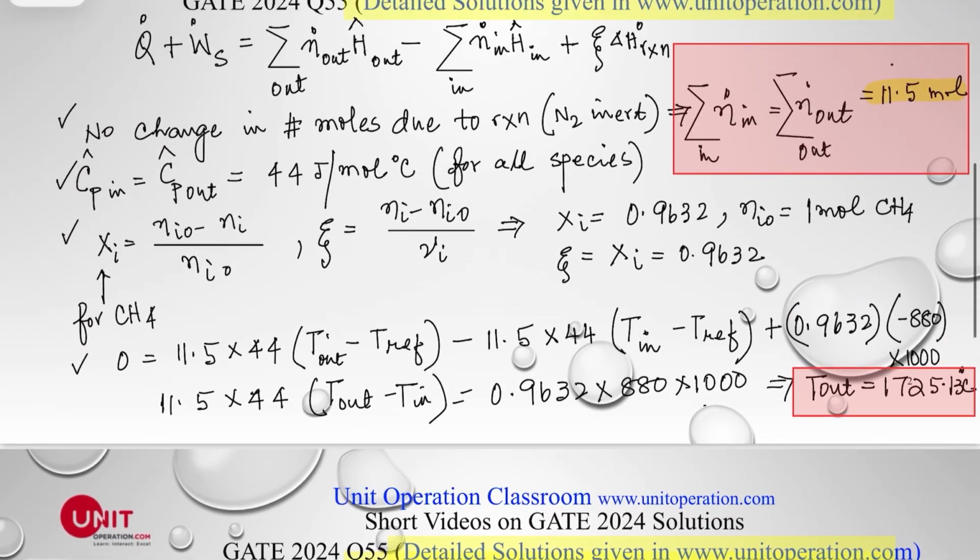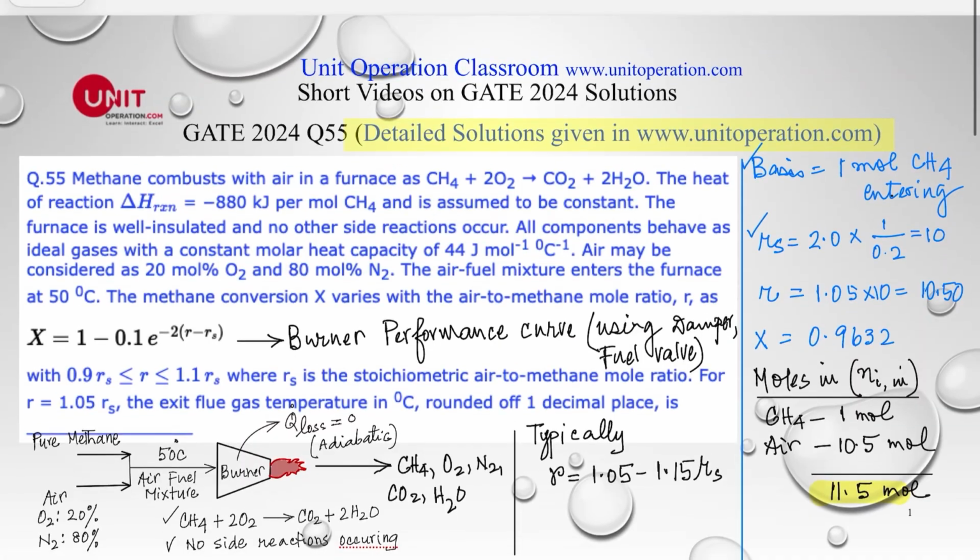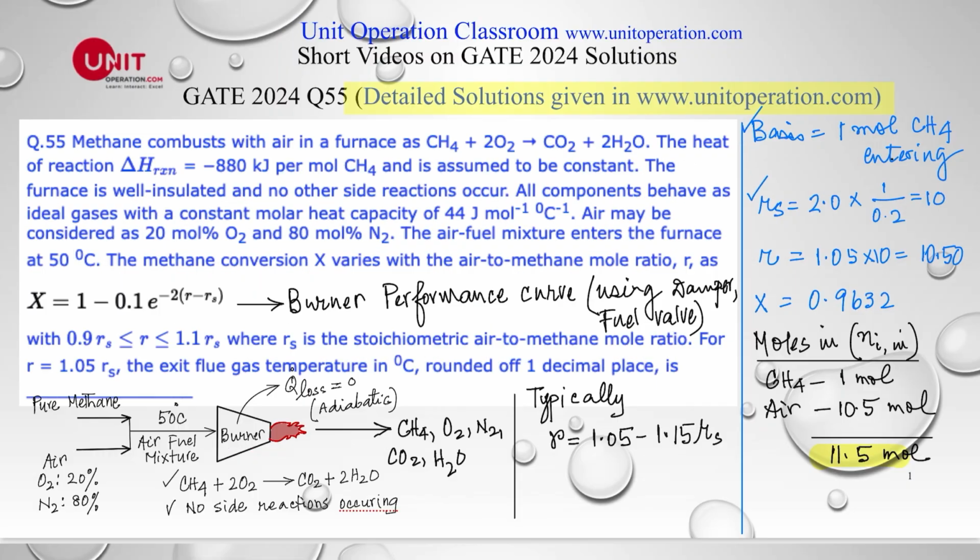So now let us look at the solution of this problem. Let us take the basis as 1 mole of methane entering. If we take that as a basis, then RS is the stoichiometric air to methane mole ratio.